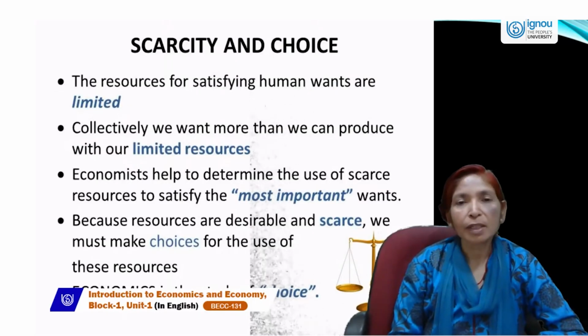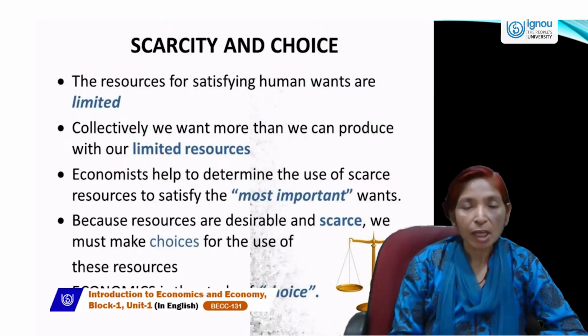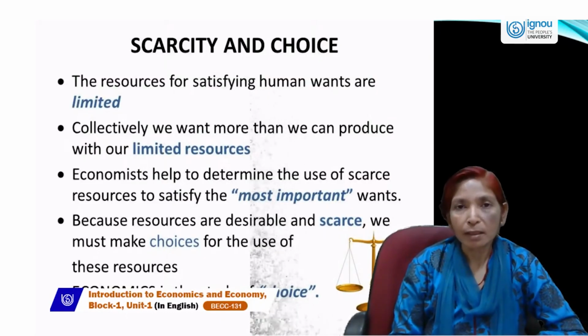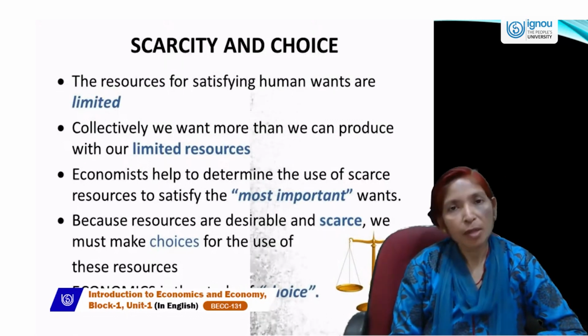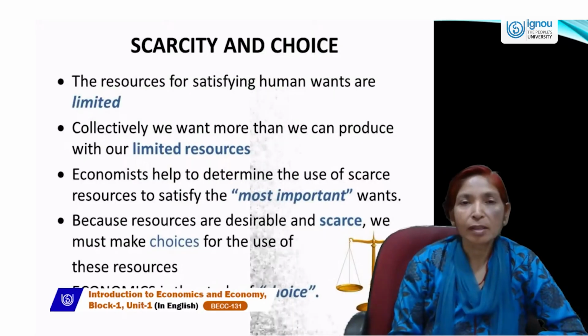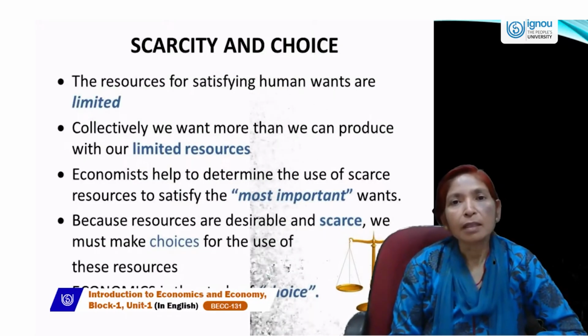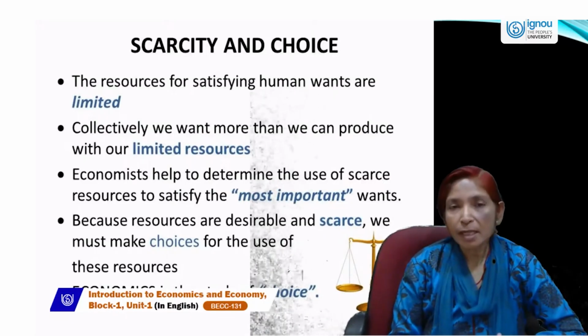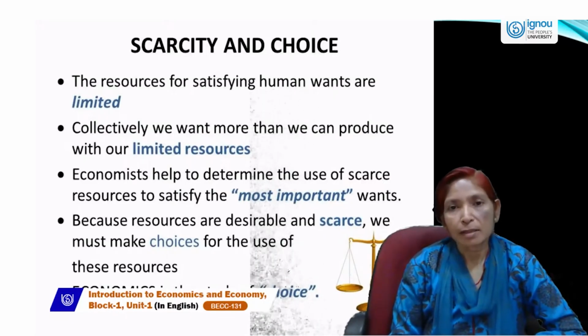Around 70% of the land area is covered by water. Whatever thing is available in abundant quantity will be available at lower price. And anything which is very rare or scarce or limited will be available at higher price. So scarcity causes price.